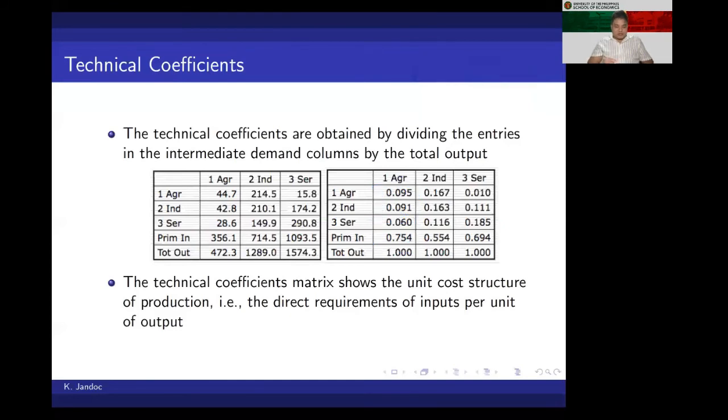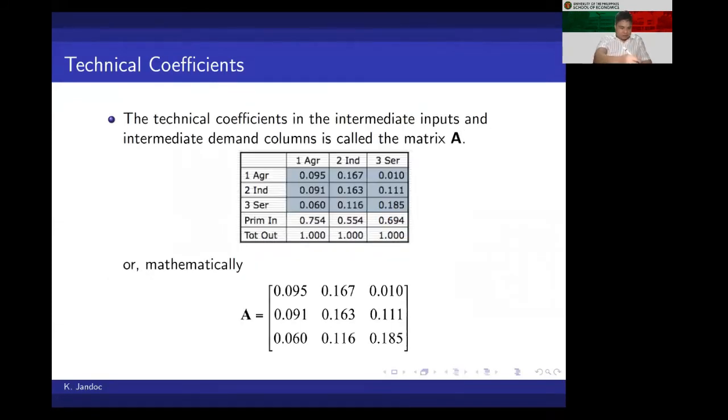Okay, so this entry shows the proportion of inputs per unit of output in the same column. Okay, in this case, agriculture. Here it's for industry. Here it's for services. Now we can collect the numbers inside the cells of intermediate inputs and intermediate demands. This part over here, and let's call it matrix A. Okay, let's write it as a matrix.